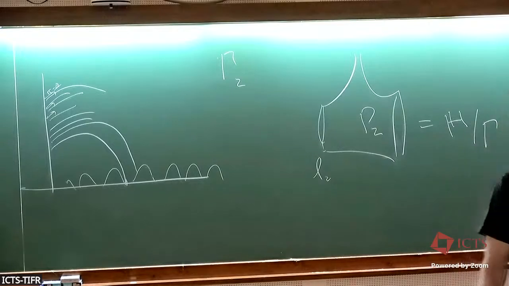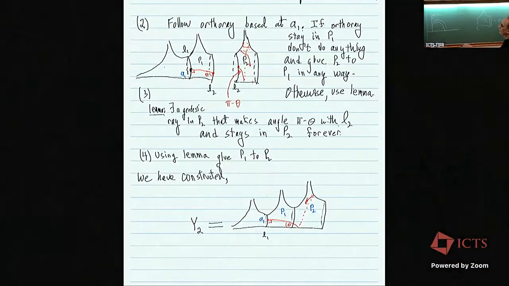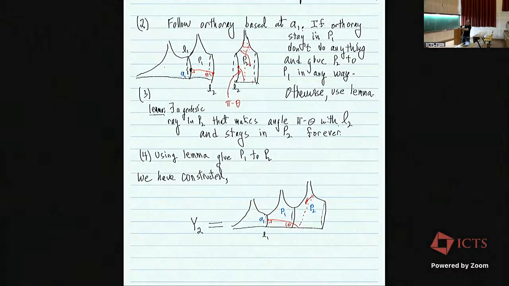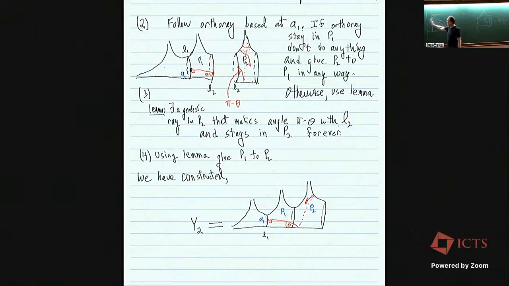Yeah, you can allow it to go back. I was shoving that under the rug, but you're right. Technically, you don't even have to worry about that. You can allow the curve to go in here and then come back out as long as it stays in this compact part. But this is really the picture. You fix an angle and then you look at all the geodesic rays that are based here at that angle.